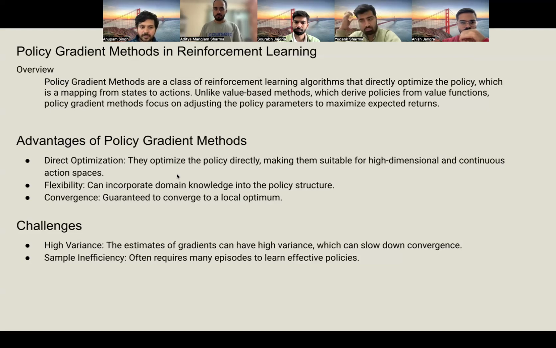Then there are a lot of challenges, because if you understood what I was saying, there is high variance, and a lot of decision making is happening at runtime. So there are a lot of estimated gradients which will change and can have variance, and this can also slow down convergence. We'll try to learn this when we go deeper. And then there is sample inefficiency, because you're making dynamic decisions.